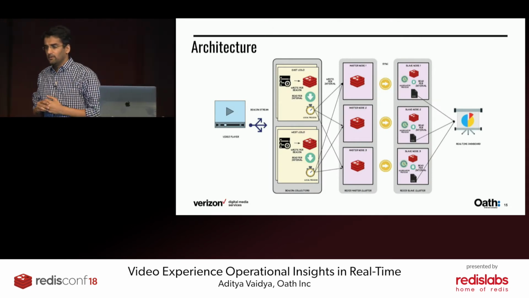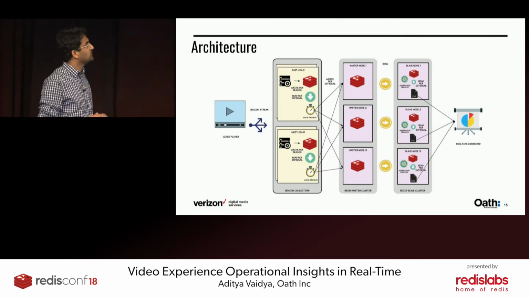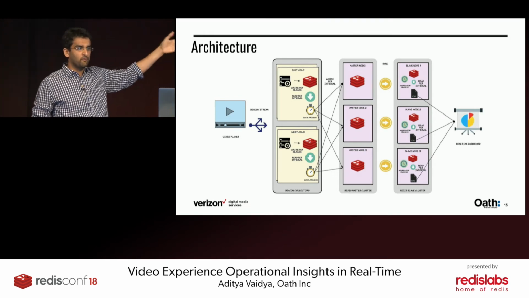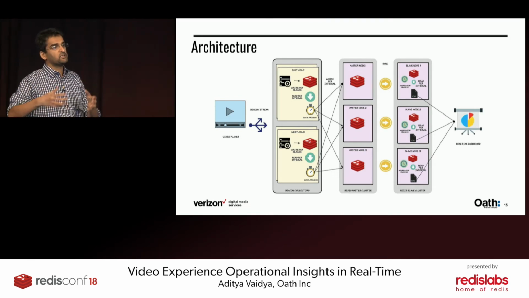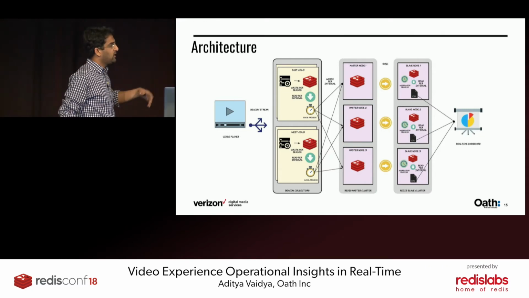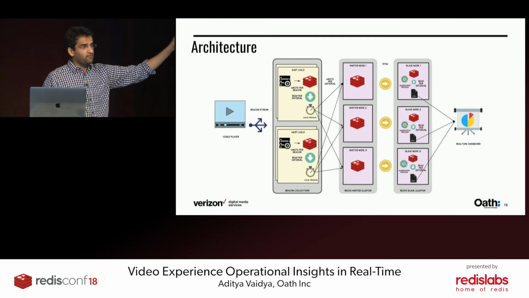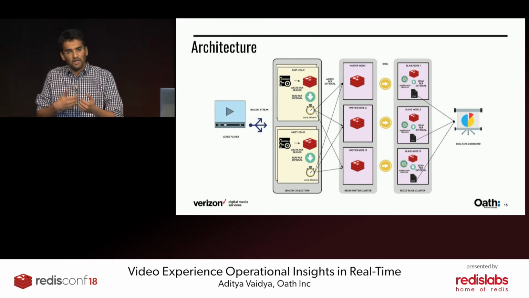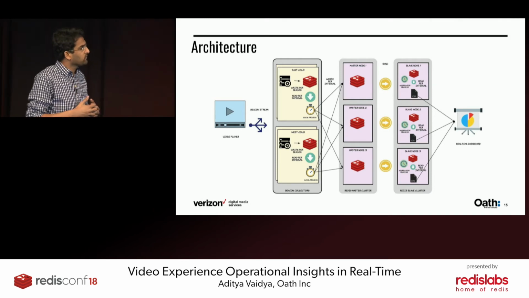Looking at our architecture, the video player, as I mentioned, is the source of our stream, sending a stream of events. Our infrastructure is behind a VIP or a load balancer, so events can land on any of the event collector layer. There are three different layers here. The first is our event collector layer, which collects the events for processing.